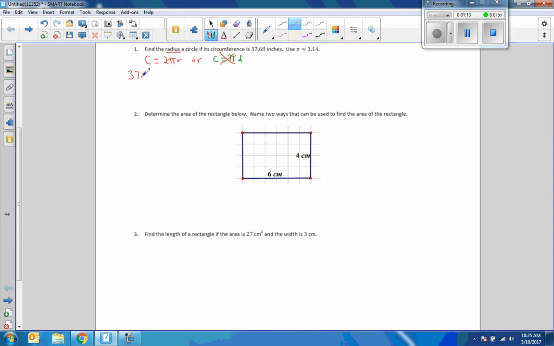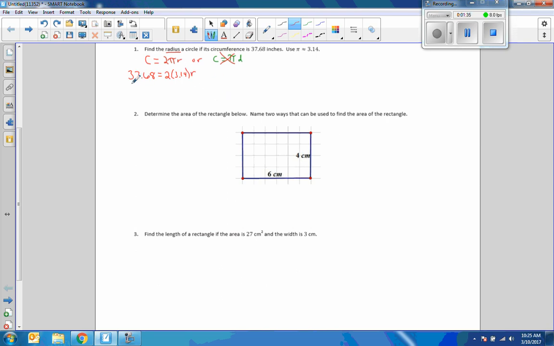So I write 37.68 in place of C, that's substitution, equals 2 times pi times r. We're trying to find r, but we want to use pi as 3.14, so I'm going to put 3.14 here times r.